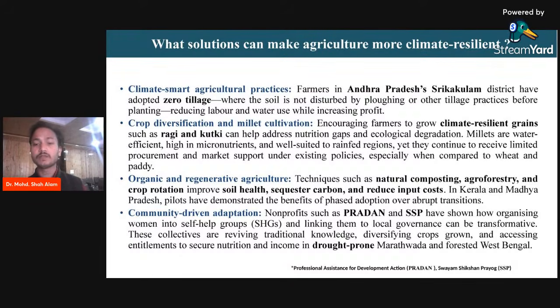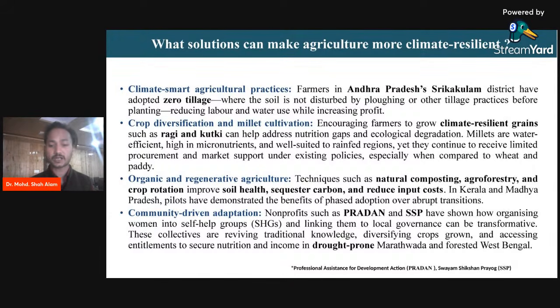We know that we need to do natural composting. We have to get rid of kitchen waste; we should make it compost. We should do agroforestry also. In Kerala and Madhya Pradesh, pilots have demonstrated the benefit of phased adoption over abrupt transition. Next is community driven adaptation.